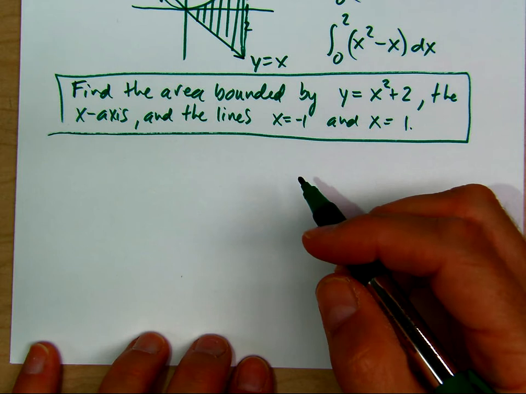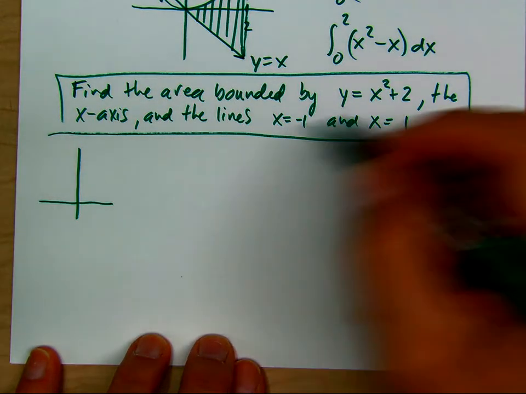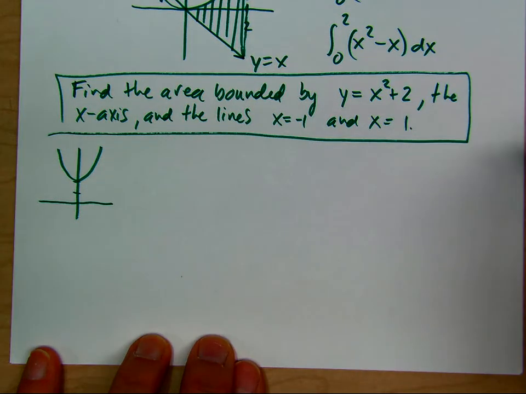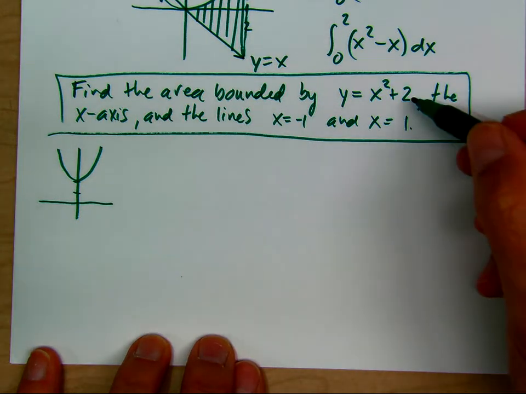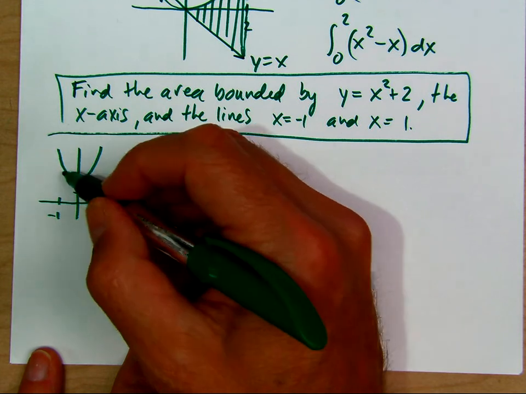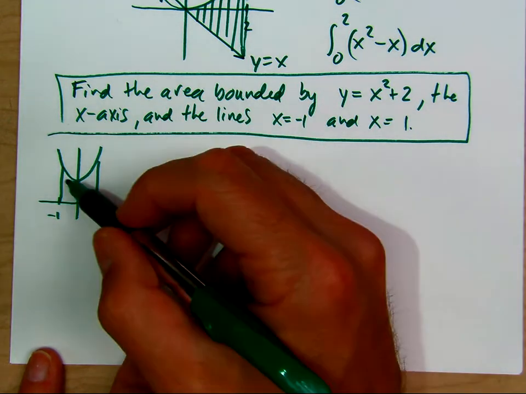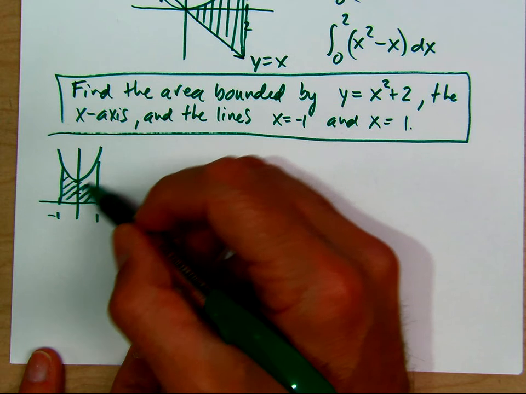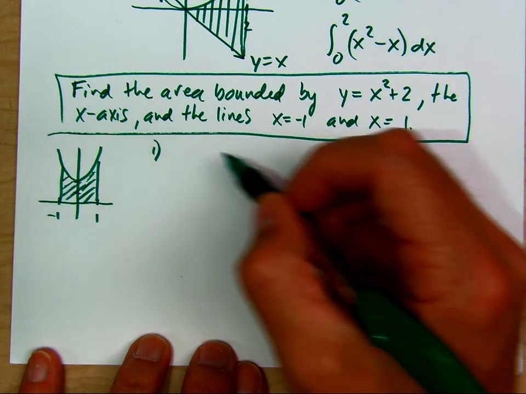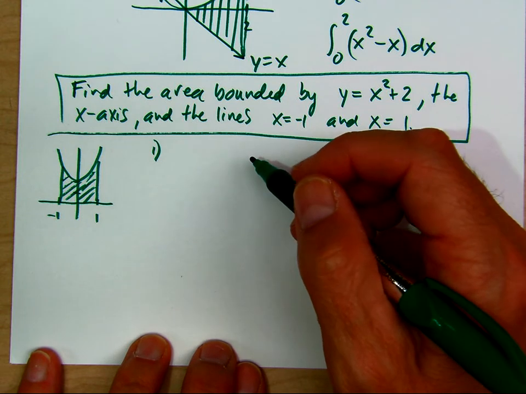All right, so let's visualize what's happening here. The graph is shifted up. It's the area between the graph, the x-axis, and the lines -1 and 1. So we want to find that area. So the first step is to decide, should we use vertical or horizontal rectangles?